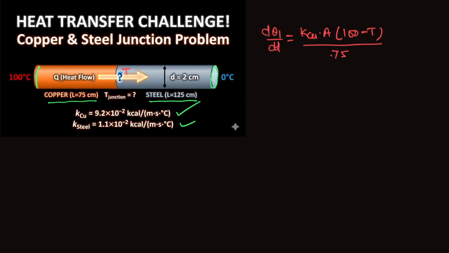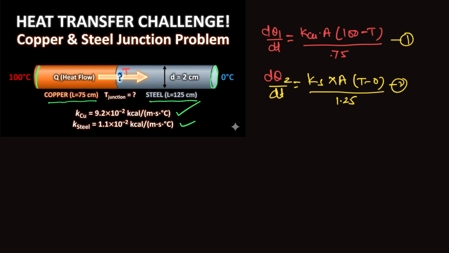Now if I calculate dq2 by dt for second case, means heat flowing from junction to this point, that we can write K steel into area into T minus 0 divided by length of this one, that is 1.25 meter. And I need to equate equation number 1 by equation number 2.